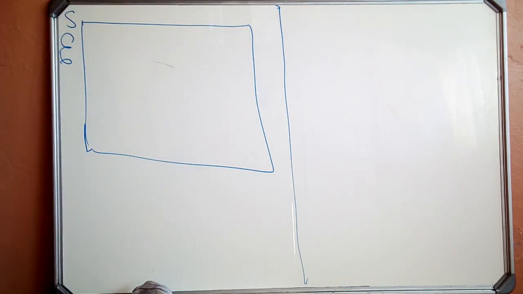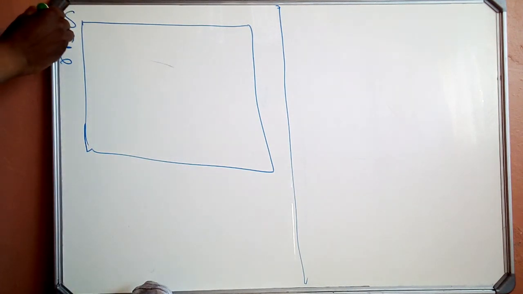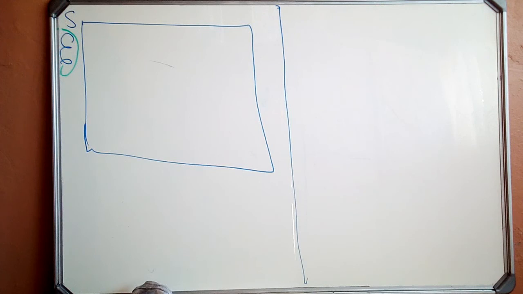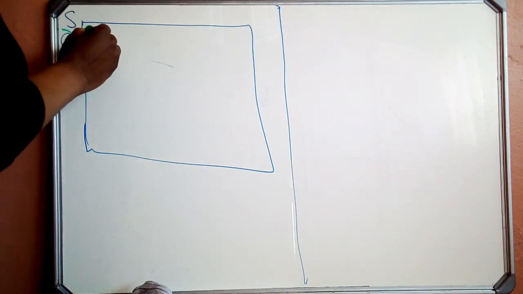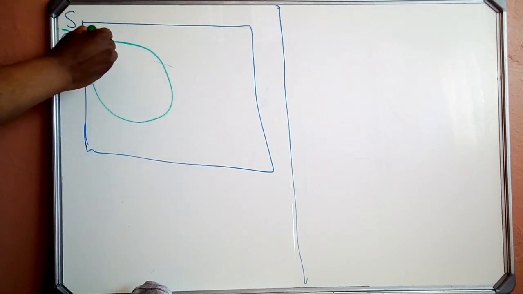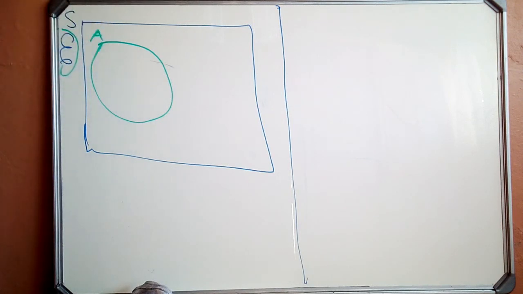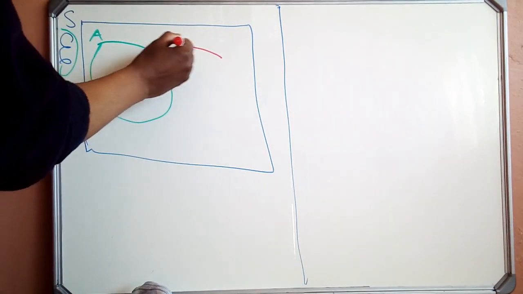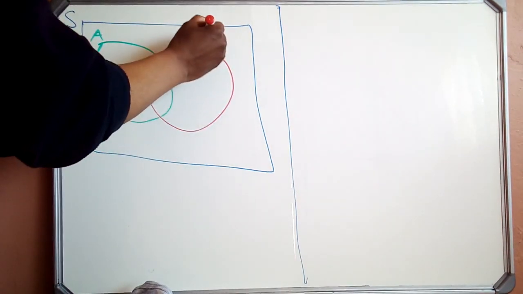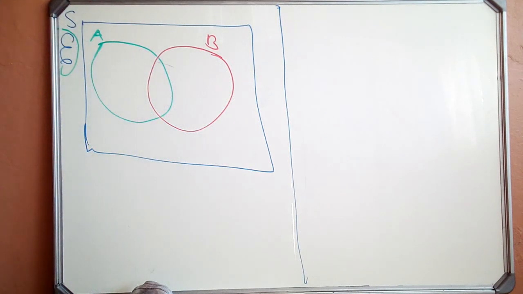And then we've got event A, and event B on the other side.